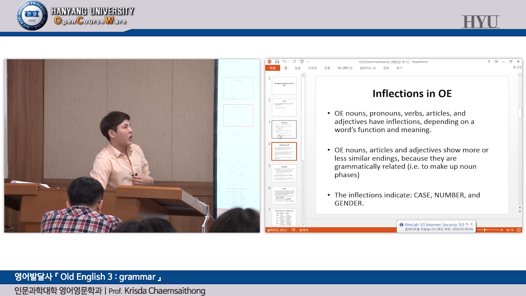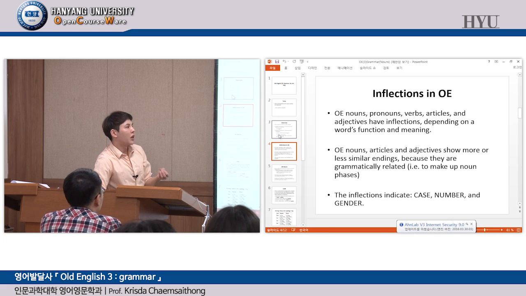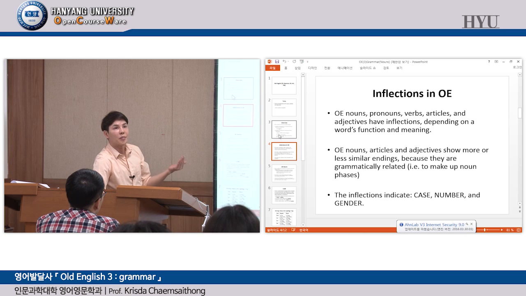Old English nouns, articles, and adjectives show more or less similar endings because they are grammatically related. As I said, they make up noun phrases when they are combined. And the inflections on articles, nouns, and adjectives indicate case, number, and gender. So three pieces of information.